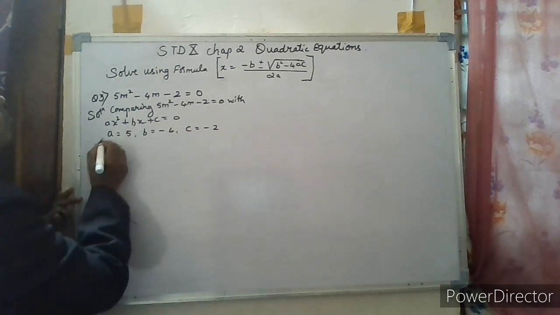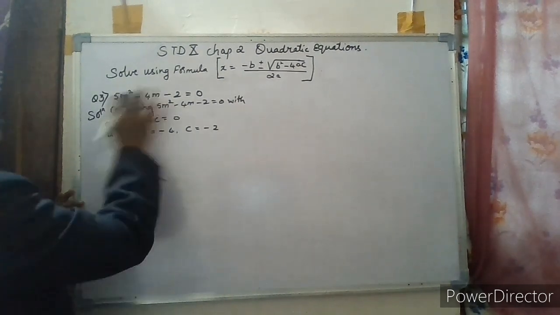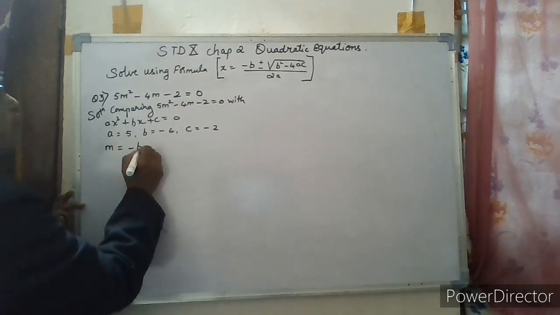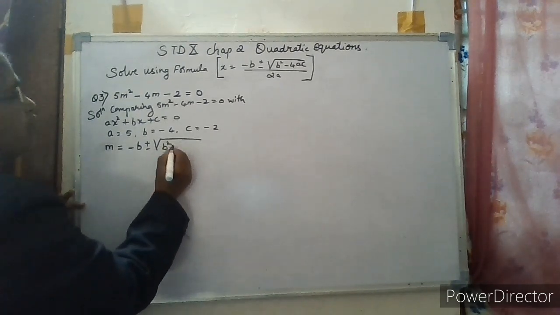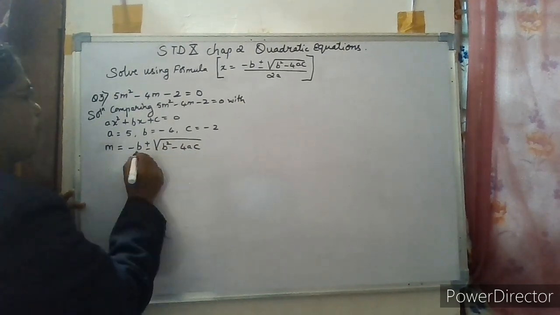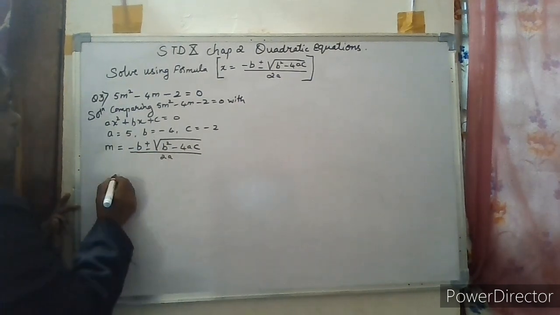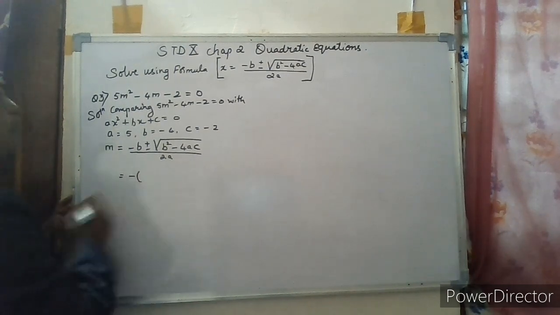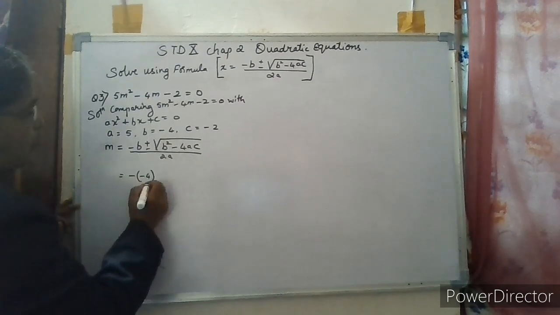Now, let us write the formula. X, here the variable is m. So, m is equal to minus b plus or minus root of b squared minus 4ac, the whole thing upon 2a. So, m is equal to minus b. Again, put it in the bracket. Value of b is equal to minus 4.